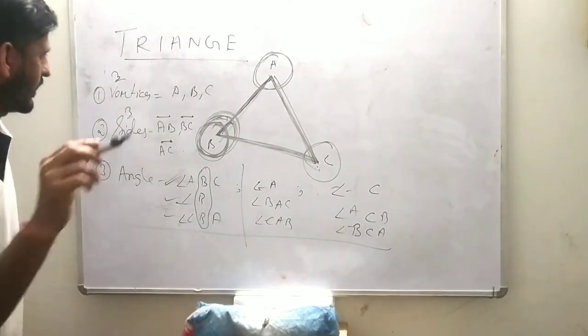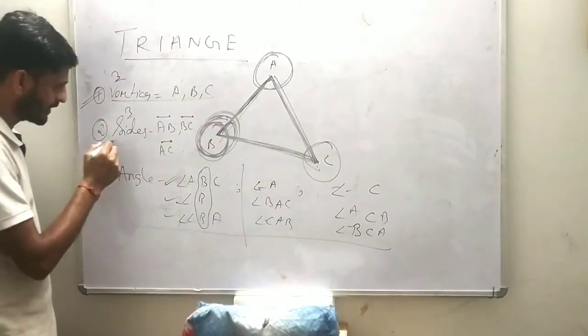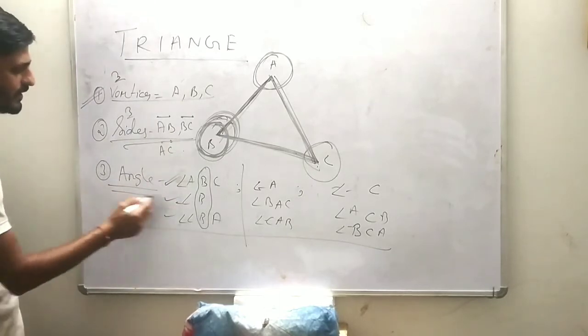Understood, students? Okay. In a triangle we get three vertices, three sides, and three angles.